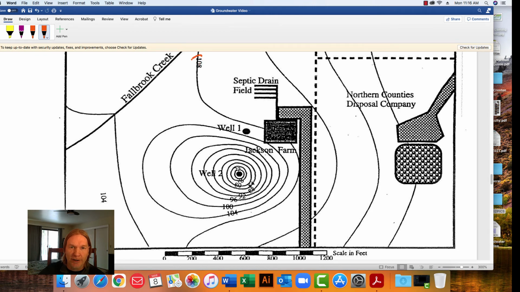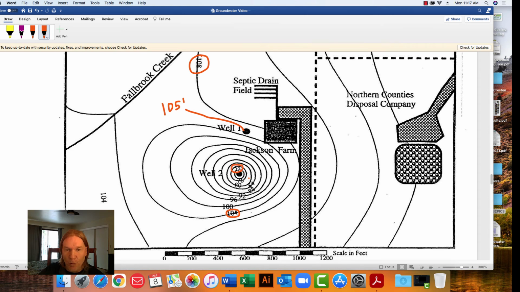Well, this is the 108-foot contour line, and this contour line right here is 104. So now this well has dropped down to maybe 105. And look how far well 2 has dropped. This looks like a 72 down here.